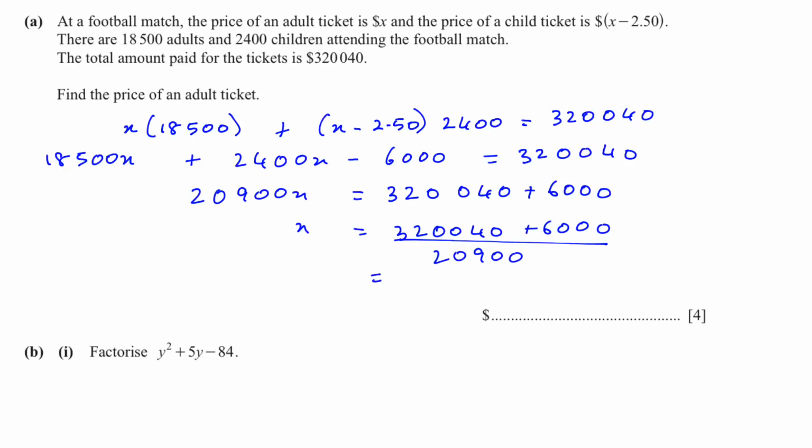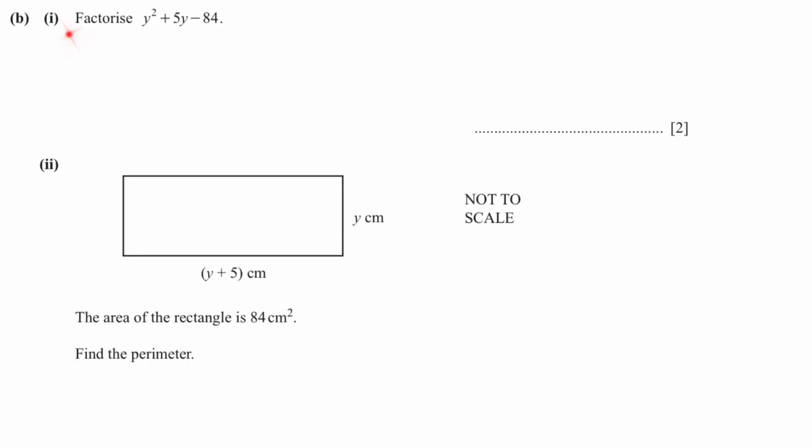And we will get B1, we have to factorize y square plus 5y minus 84. When you want to factorize, you have to identify what is your A, B, and C. A is the number before y square, B is the number before y, and C is the number which does not have a variable with it, which is just a constant.